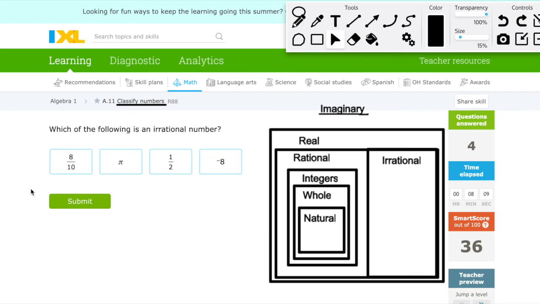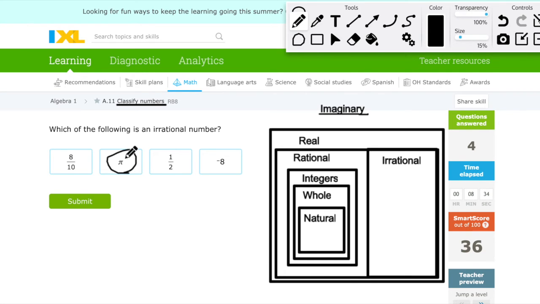Okay. Irrational. So basically something that we cannot represent as a fraction. Right off the bat I see this. I already mentioned that when talking about irrational. That's our go-to prime example of an irrational number, something that goes on forever with no repeating pattern.